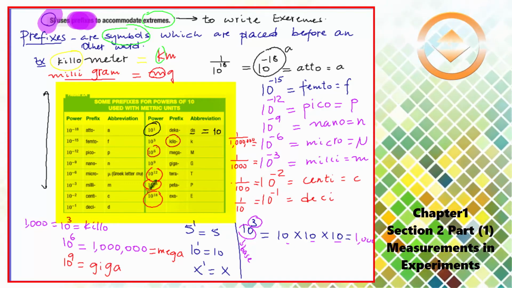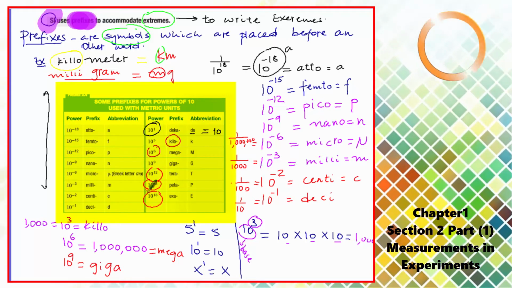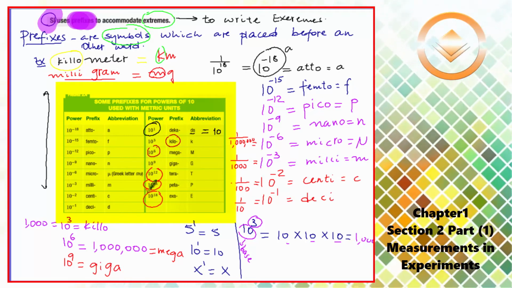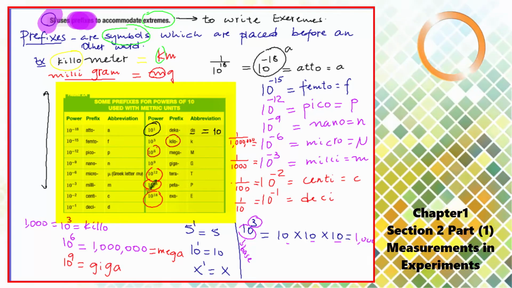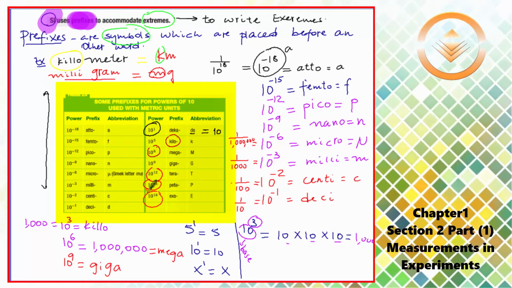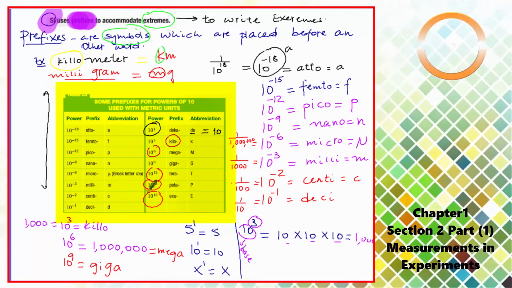Now let's see examples of how we express numbers which are given in one unit. If you want to convert it to another unit and express it by using these prefixes, let me give you an example.